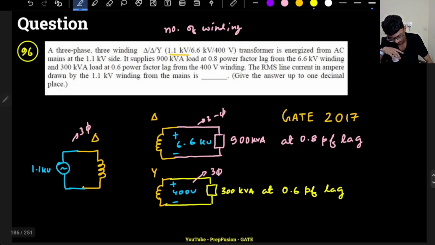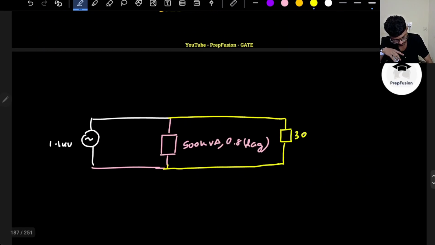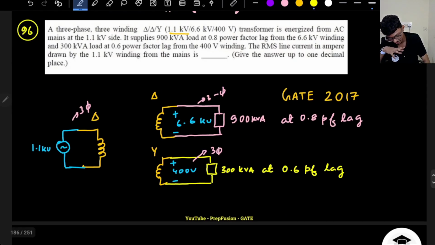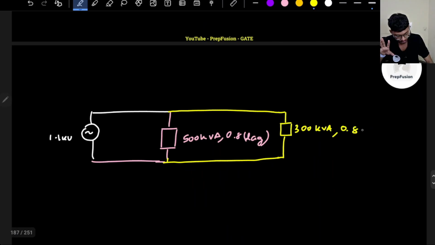If this consumes 300 kVA, the power factor will be the same, 0.6 lag. Voltage will change, I agree, but kVA and power factor will not change. So if I have referred this to the primary, the winding 3 current will be I3 dash and this will be I2 dash.